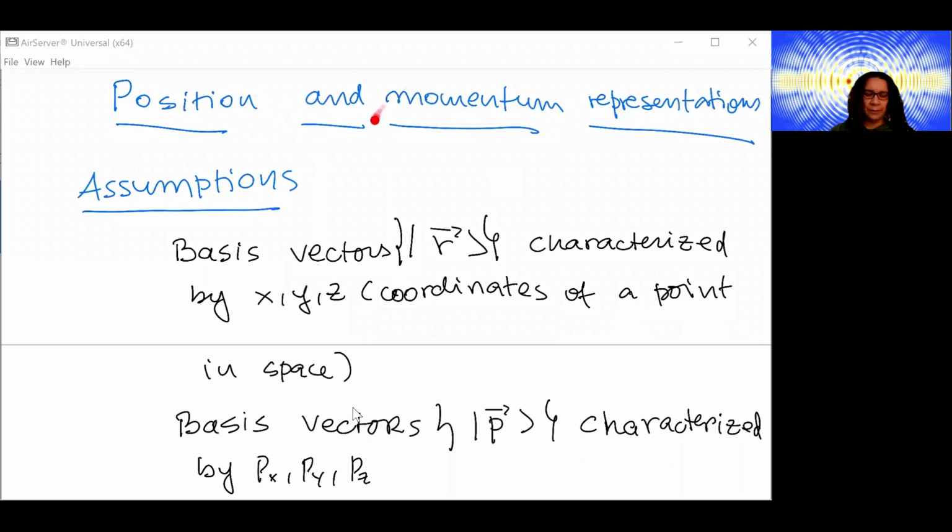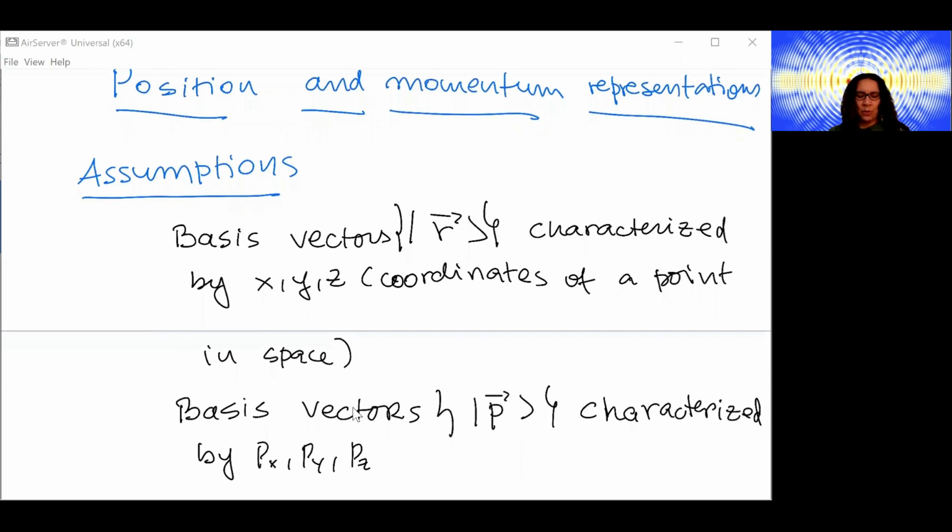Position first and momentum. And the assumption that we're going to make here is that we have basis vectors, in this case, these kets, and they are characterized by x, y, and z coordinates of a point in space.